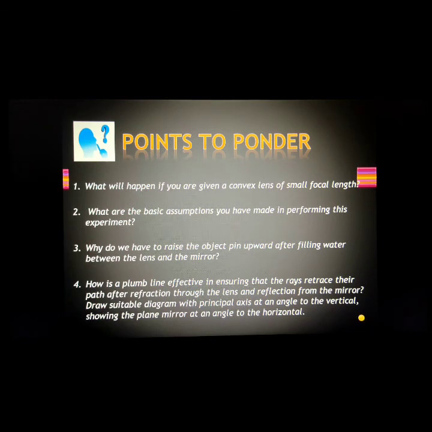How is a plumb line effective in ensuring that the rays retrace their path after refraction through the lens and the reflection from the mirror? Draw a suitable diagram with the principal axis at an angle to the vertical, showing the plane mirror at an angle to the horizontal.